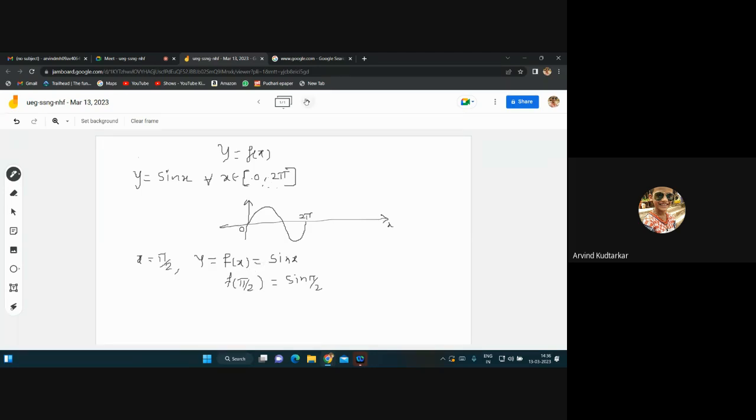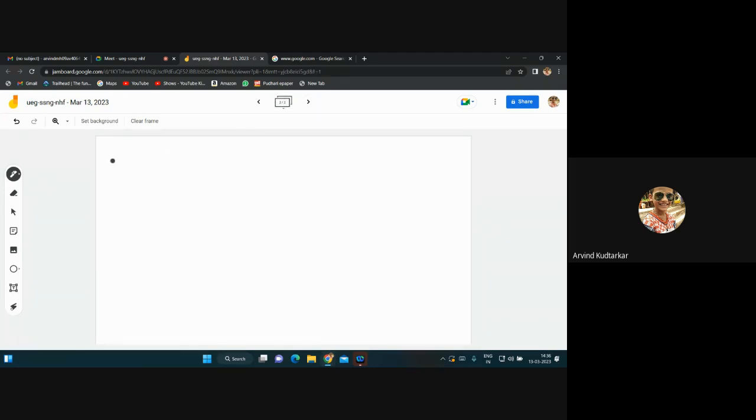So here we have different kinds of functions to find the value of. For example, if f of x is equal to x square plus 4x plus 3, how to get the value of the function?